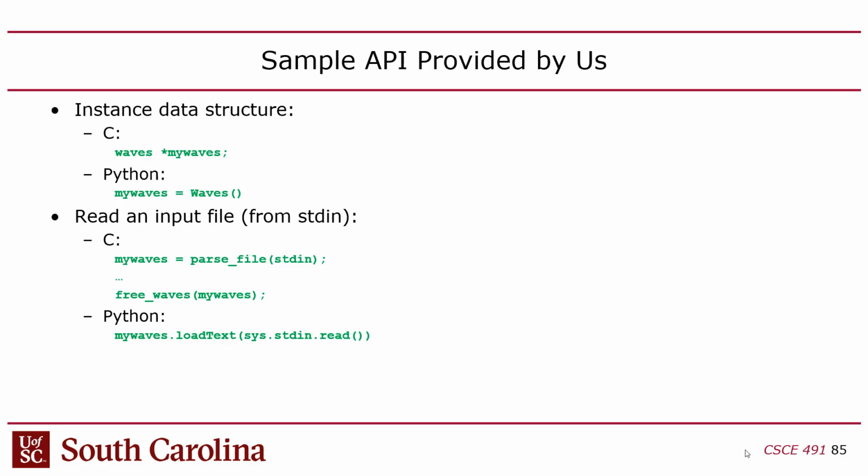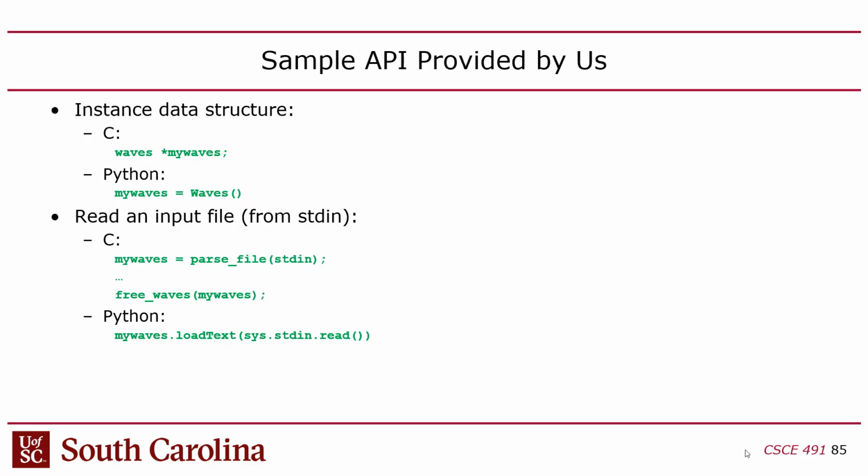Because our testing script assumes that the input, which is the trace file, is going to be shoved down the throat of your program through standard in. So you want to use standard in here. If you don't use standard in, then our testing script won't work. So basically, type this verbatim. And same thing here with Python. In Python, you would say my_waves equals Waves, and then you say my_waves.load_text(sys.stdin.read()).